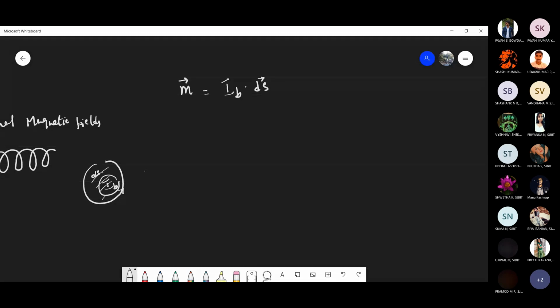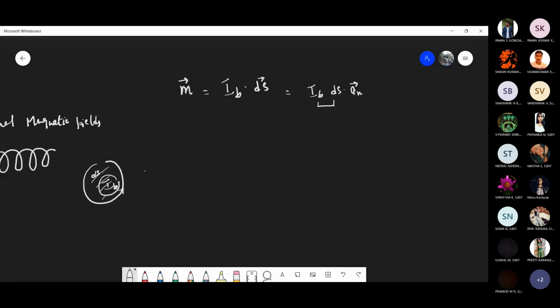This can also be written as I_B dS, and usually the surface is normal to the current I_B, the orientation being normal to the magnetic field.